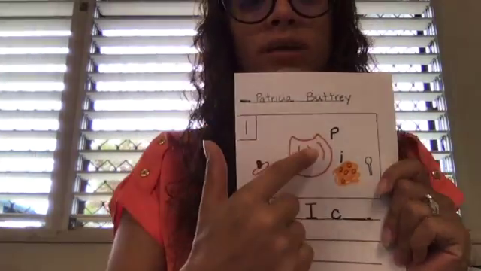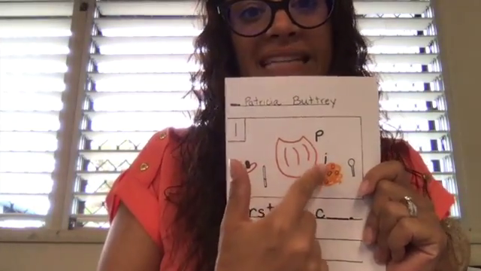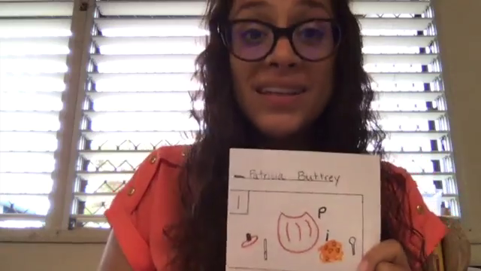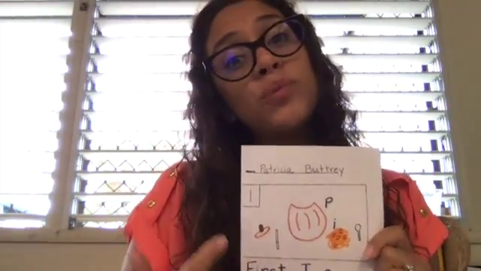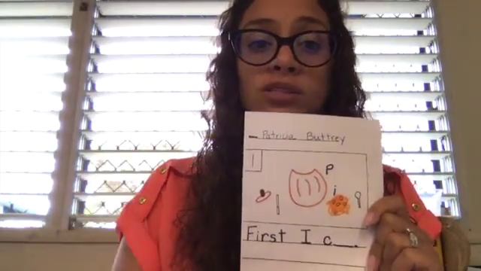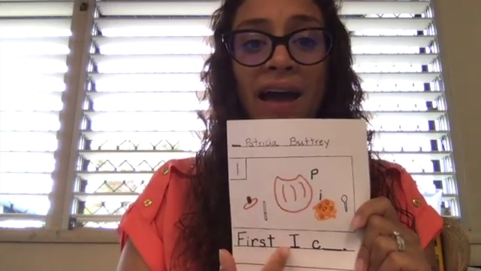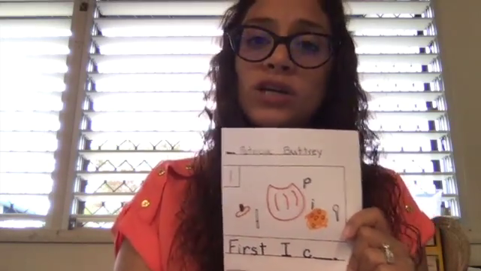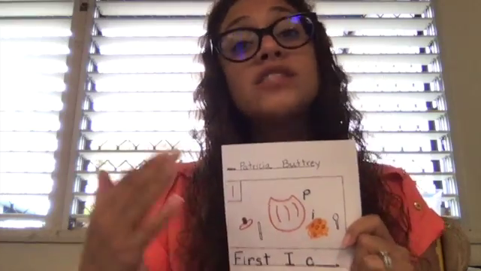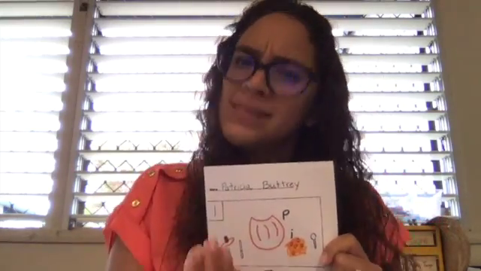So, on Monday, we took page 1 of our pumpkin carving how-to book and we labeled it, right? We labeled the pumpkin and the insides. We also added a sentence. We used our word wall to write 2 words. First, I, and then the third word I said was clean, because the first thing I did with the pumpkin is clean it.